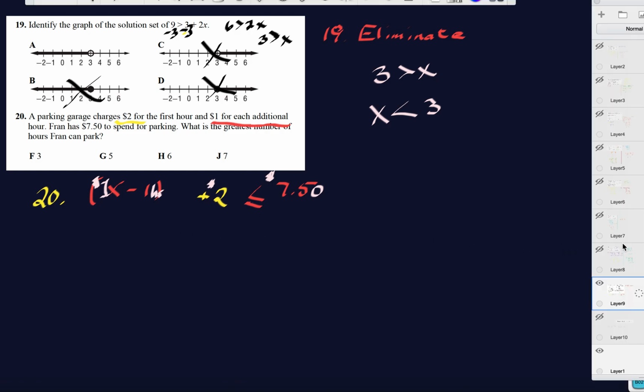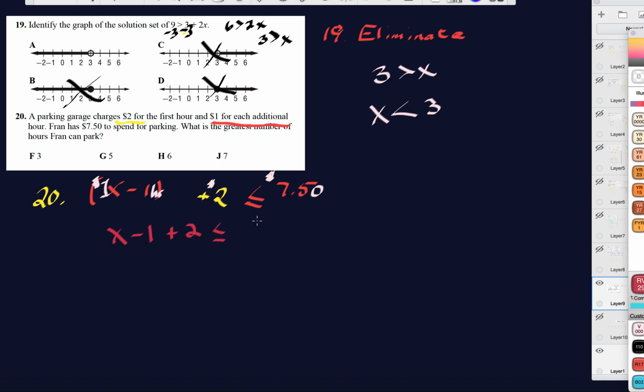I want to change my color. There we go. Let's try this color. It's more fun. All right. So I just need to solve this, right? So this is basically x minus 1 plus 2 is less than or equal to 7.5, right? So I put these two things together.